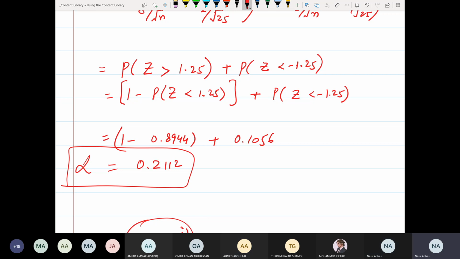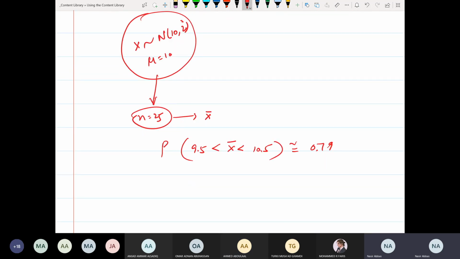And 21% of the times, your X bar will be either bigger than 10.5 or less than 9.5, almost 21%, I'm ignoring the last two decimals. So even when H naught is true, when the mean is actually 10, 21% of the times you will be making wrong decisions.